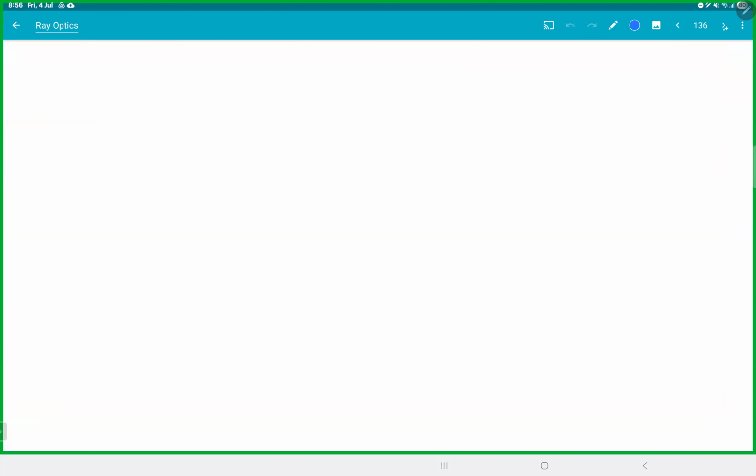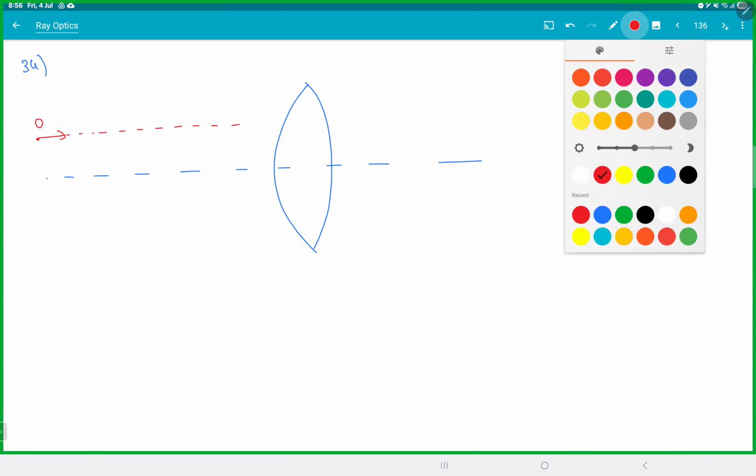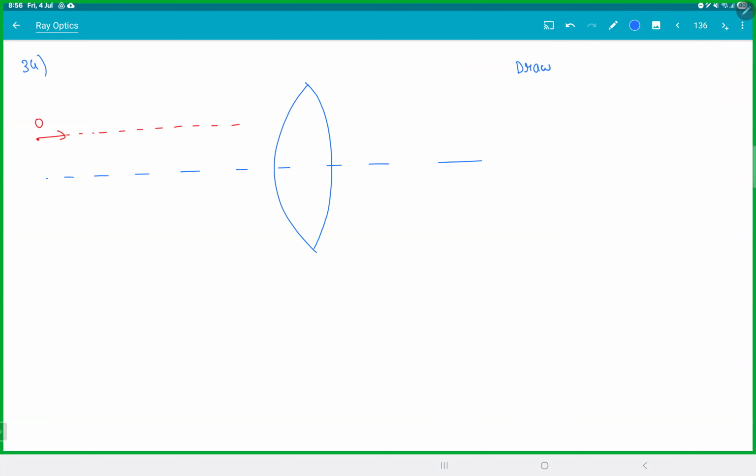Let's say a question. Same thing, we did this in mirrors. I will do it again. If you got a lens, and an object is going this way, draw the path of the image. And if I keep a box here, draw the image of the box.